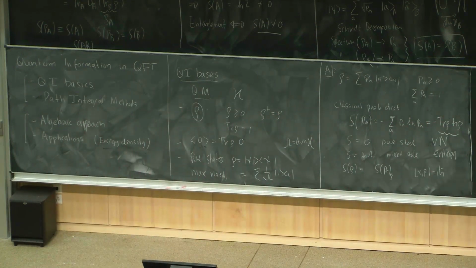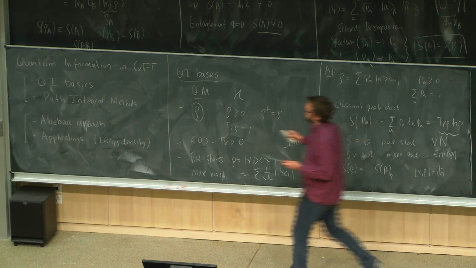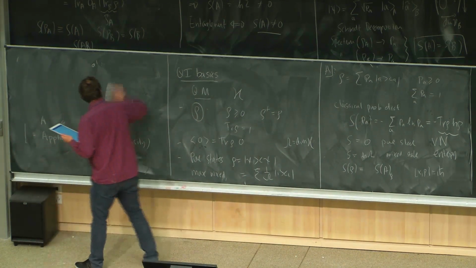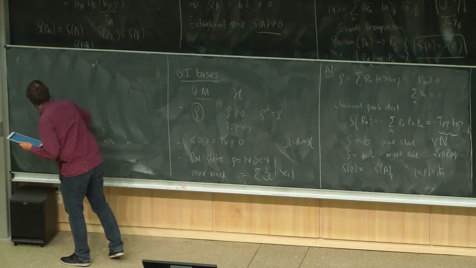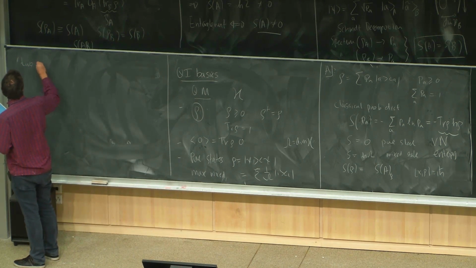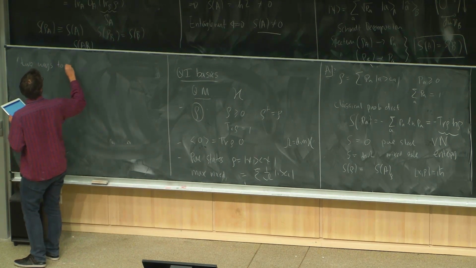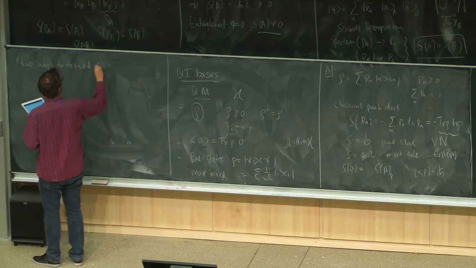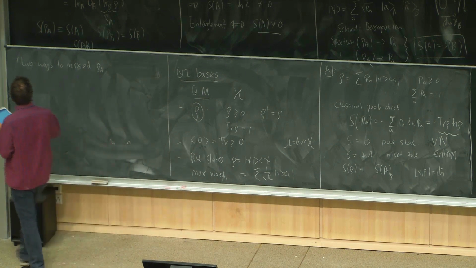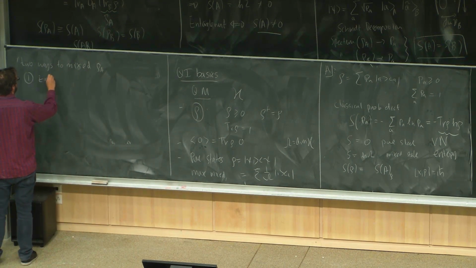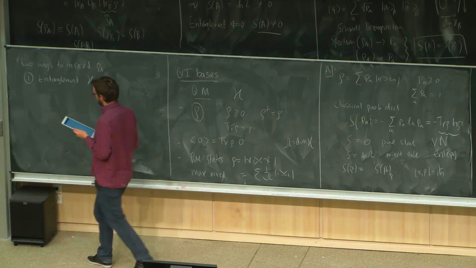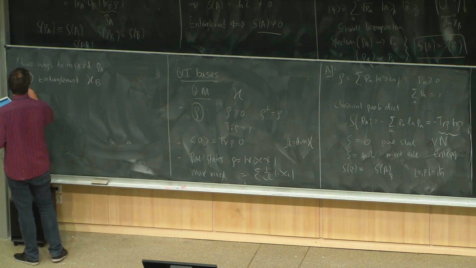So we can have two ways to get a mixed rho A. Let's say our system of interest is A. One, I can have entanglement with some other system, H_B, or I can just have classical uncertainty.